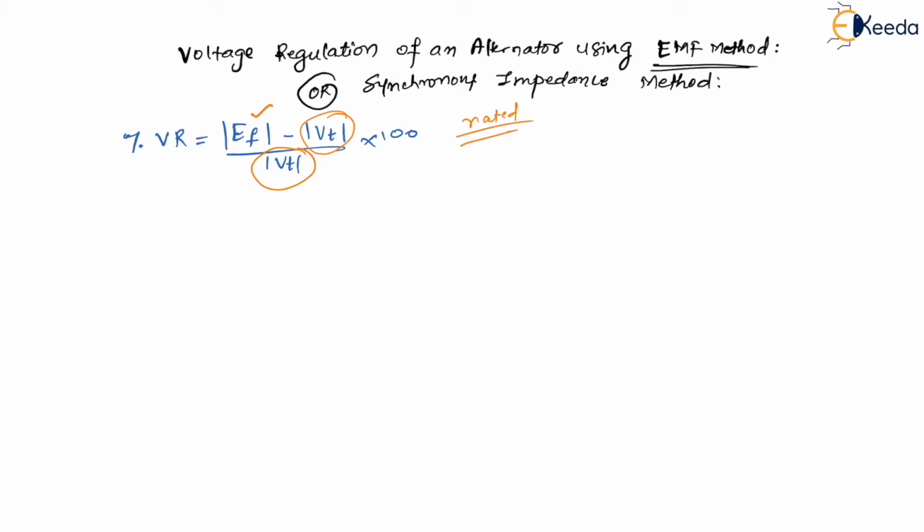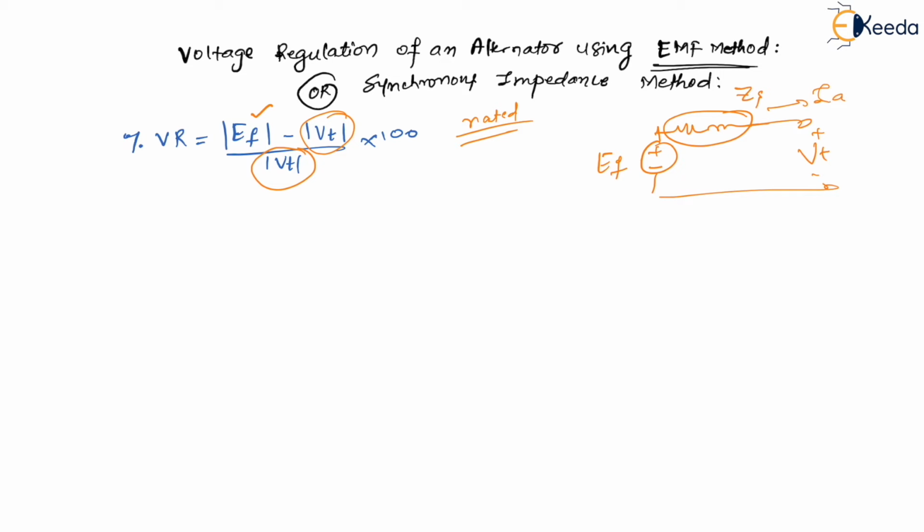Now, what is there between Vt and EF? Definitely drops are there. If you consider this as EF, then these are drops. Let me call this the synchronous impedance ZS, and here you have Vt, with current IA.